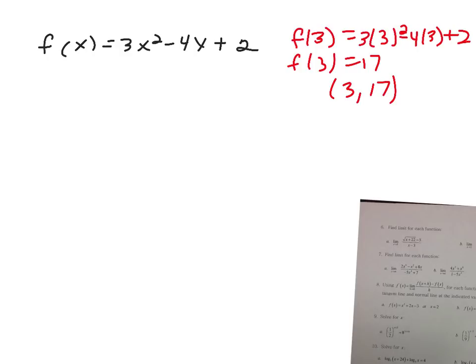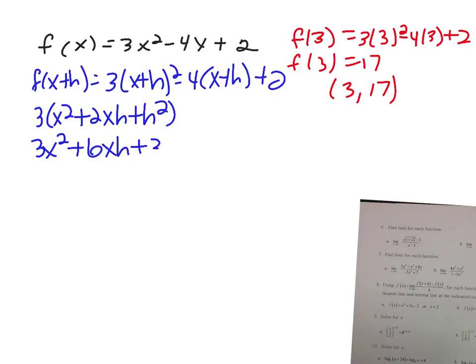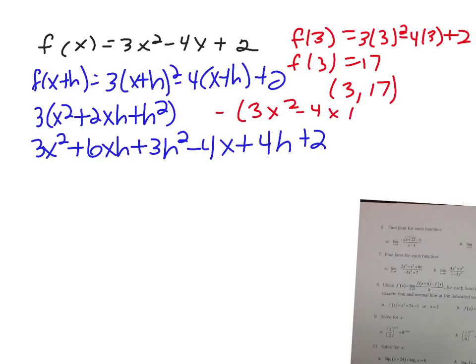All right, so now let's start with f of x plus h, which is 3 times x plus h squared minus 4 times x plus h plus 2. So that is 3 times x squared plus 2xh plus h squared. So that is 3x squared plus 6xh plus 3h squared minus 4x minus 4h plus 2. And then I have to subtract 3x squared minus 4x plus 2.